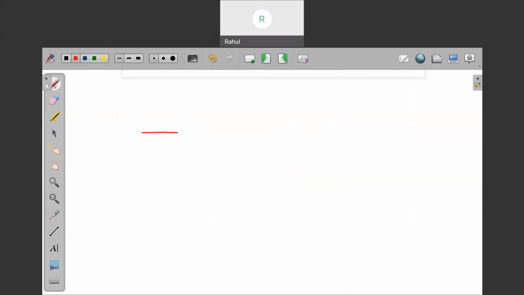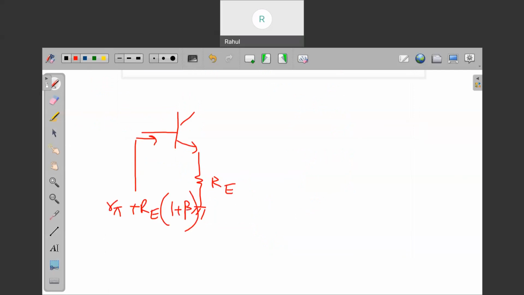And if this is a circuit, what is the resistance looking from this? That is r pi plus RE times (1 plus beta). You must know that, right?